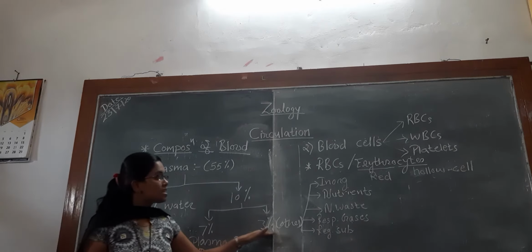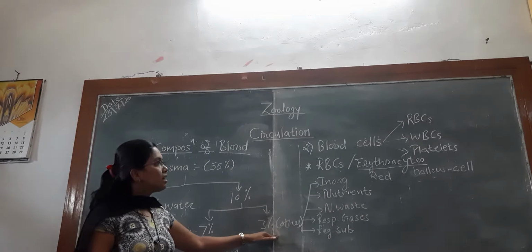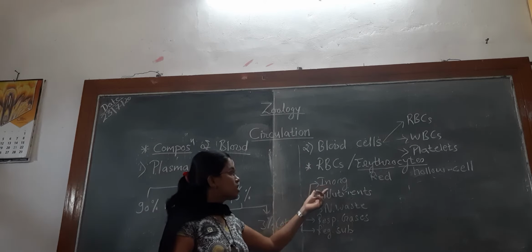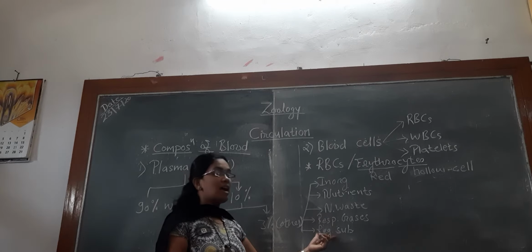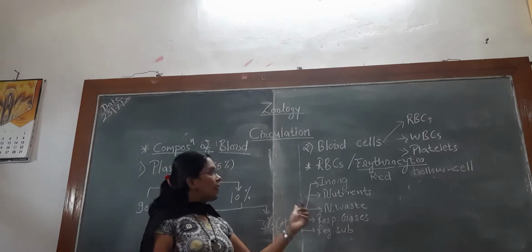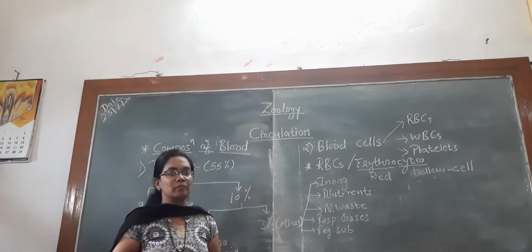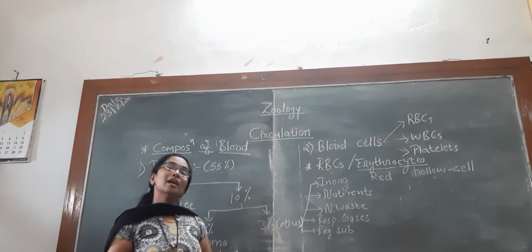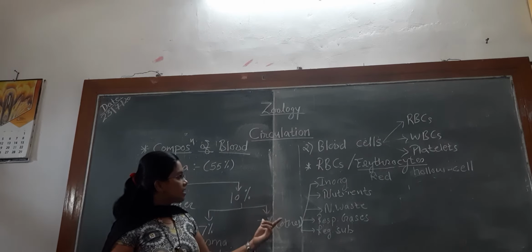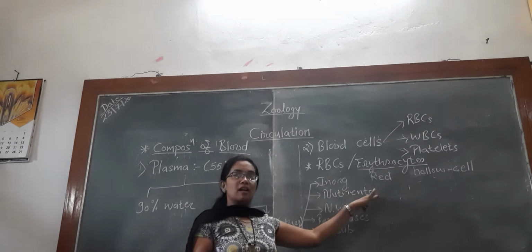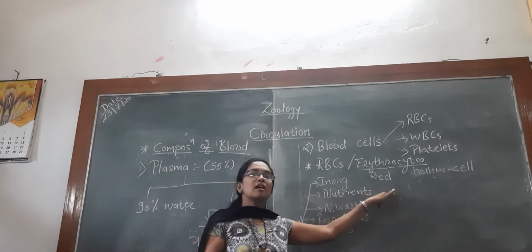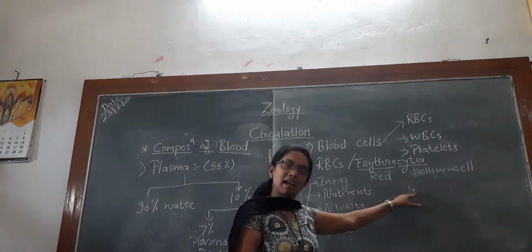Then this 3% other constituents are the inorganic substances, nutrients, nitrogenous waste, respiratory gases and regulatory substances. We know that the absorbed food is present in the blood, but not exactly in blood, it is present in plasma. Nutrients are glucose, amino acids, fatty acids and glycerol.